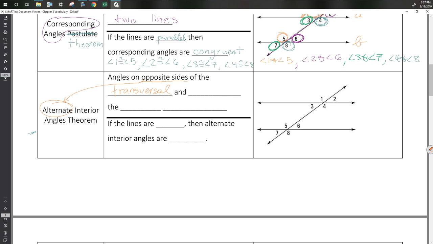And they are inside the two lines. Now, if the lines are parallel, then we know that alternate interior angles are also congruent.